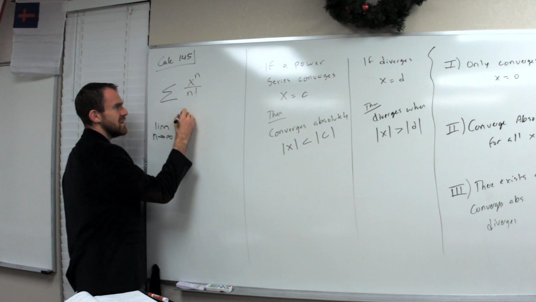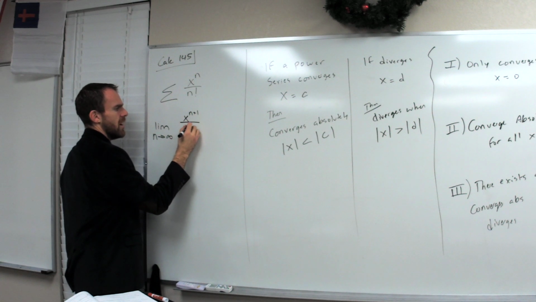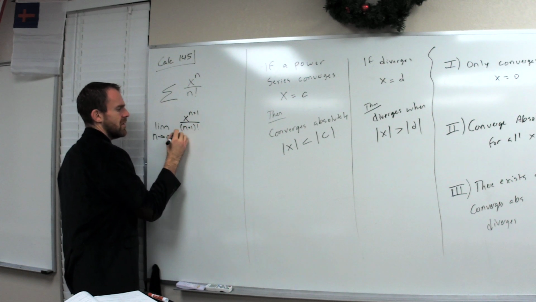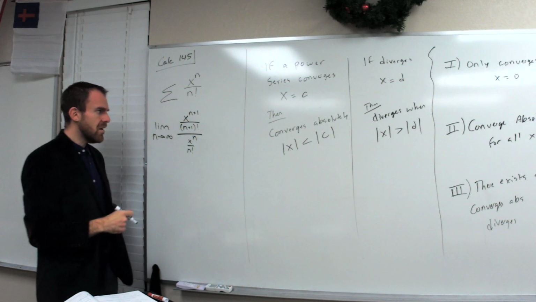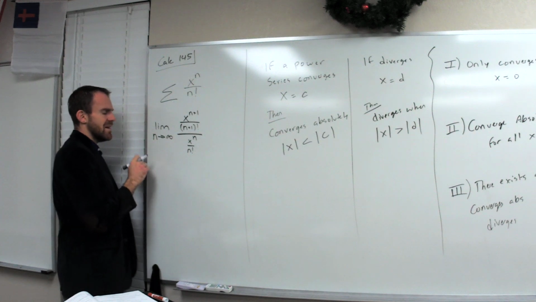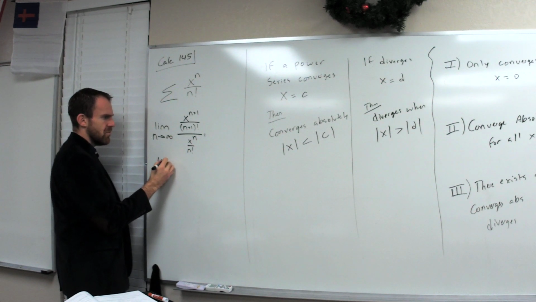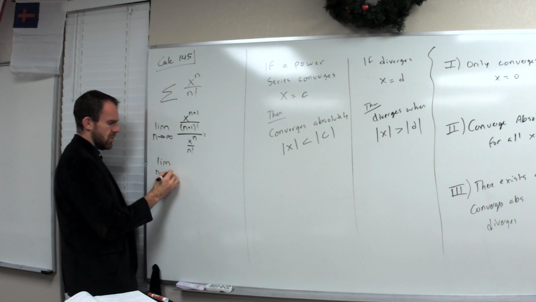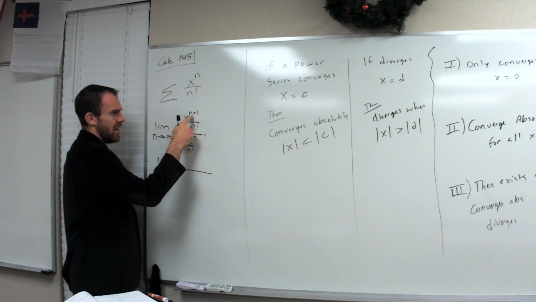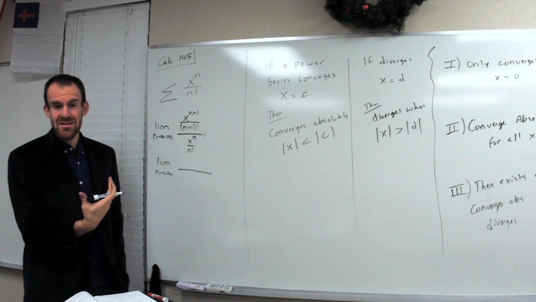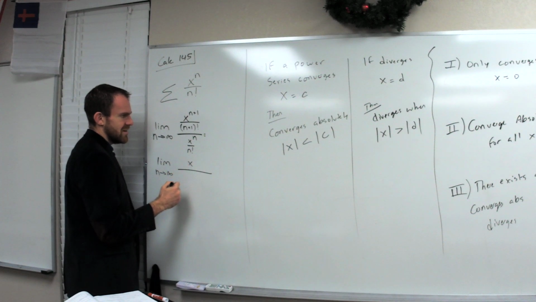So what would the ratio test do? Well, it would make it x to the n plus 1 over n plus 1 factorial divided by x to the n over n factorial. Okay? This as n approaches infinity. Note that x to the n plus 1 is simply x to the n times x, and that will cancel with my x to the n, so I'm left with x on top.